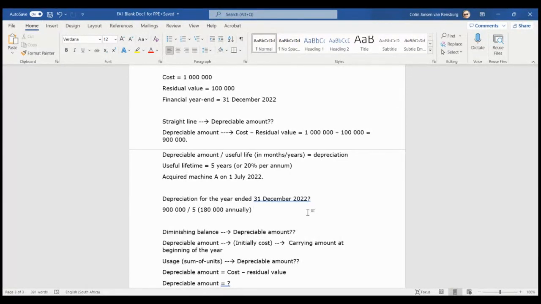So you can either say multiplied by a half, or you can say multiply by 6 and divide by 12. That should then give us 90,000, because that's half of 180,000.